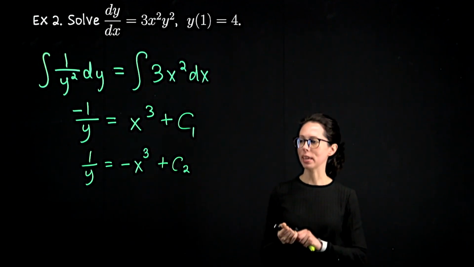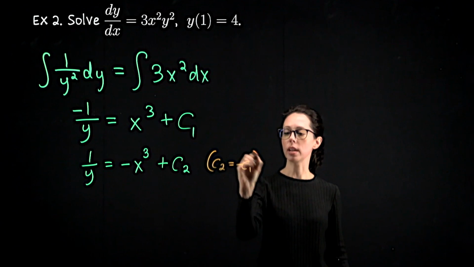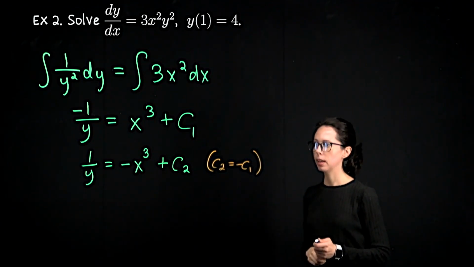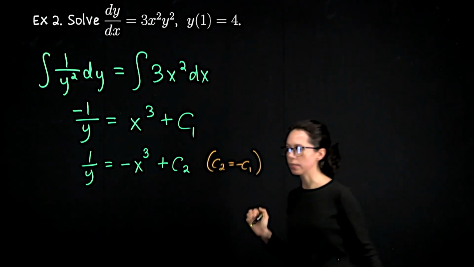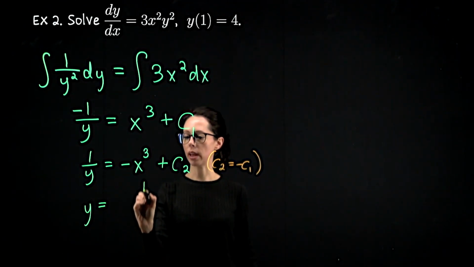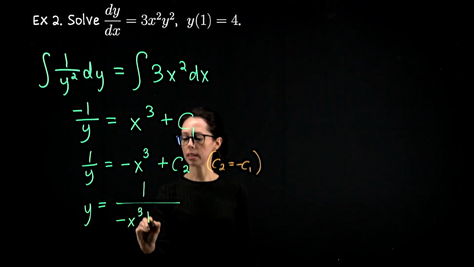It's just the choice I'm making here to replace negative c1 with a new constant called c2. Still trying to isolate y, so let's take the reciprocal of both sides of this equation. On the left-hand side, we'll have y. And on the right-hand side, we'll have 1 over negative x cubed plus c2.